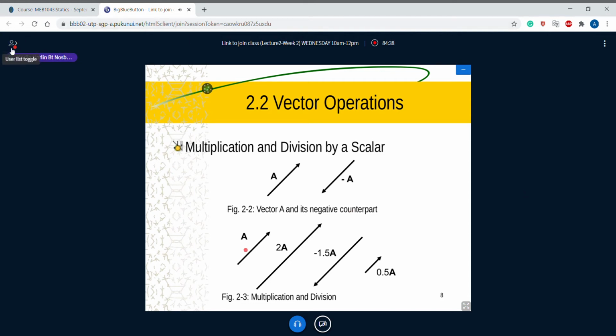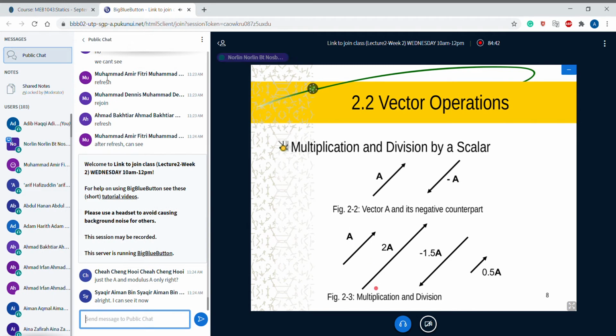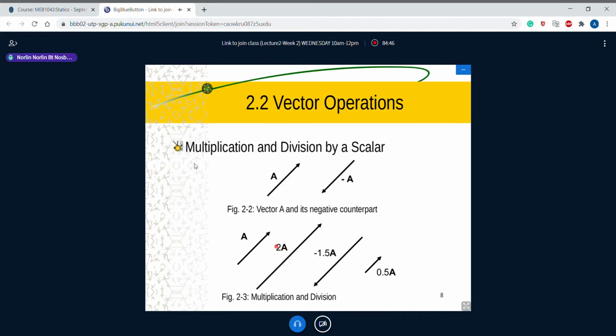And then if you multiply the vector A 2 times, the magnitude will be longer, which is double. So it will be 2A. In this situation, if the vector is 1.5 times A but the direction is opposite, you need to write it as negative 1.5A.